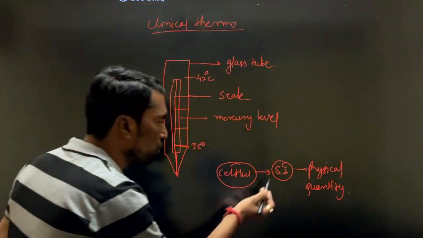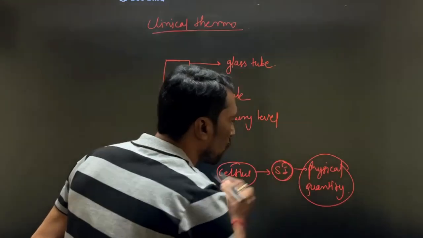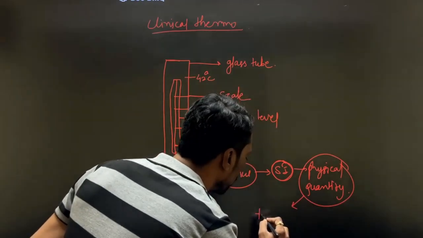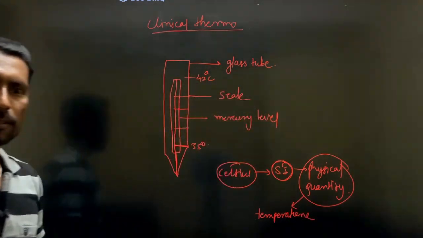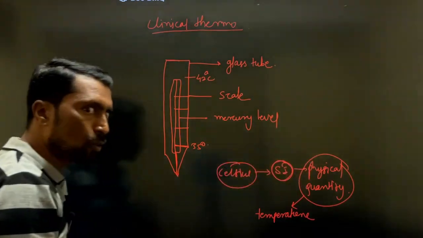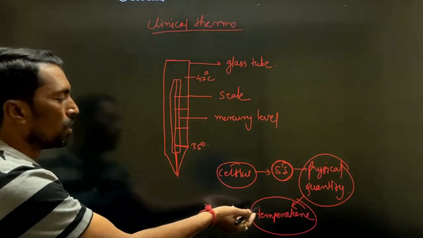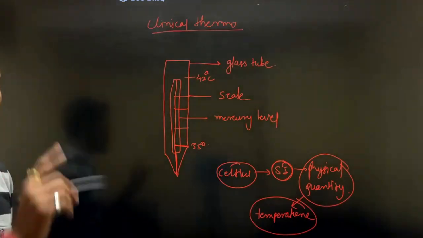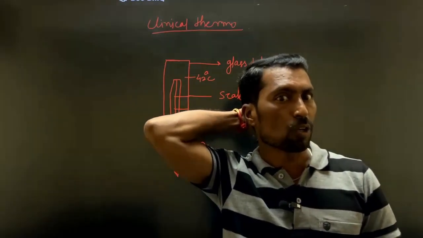The Celsius scale is the SI unit, the standard international unit, that measures the physical quantity called temperature. To measure temperature, the SI unit we have is Celsius, and the first instrument we discussed that is used is mentioned in your textbook also. That's called the clinical thermometer.